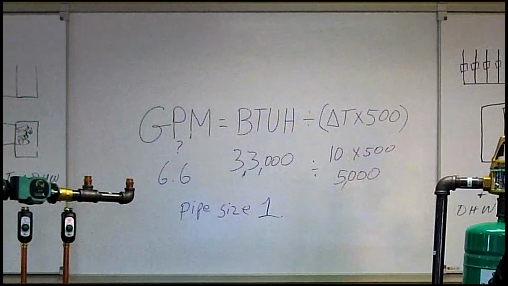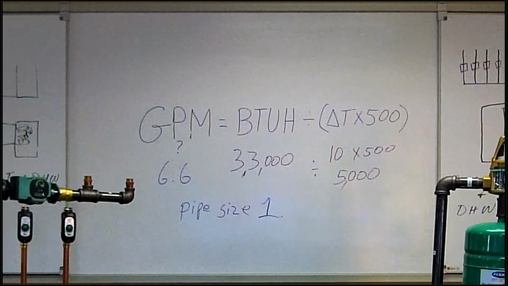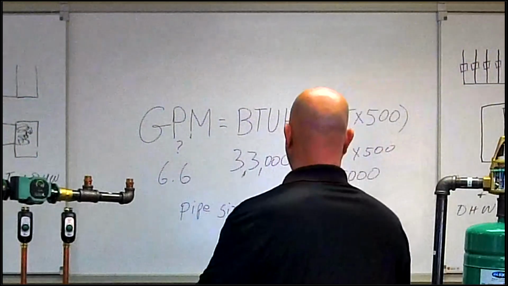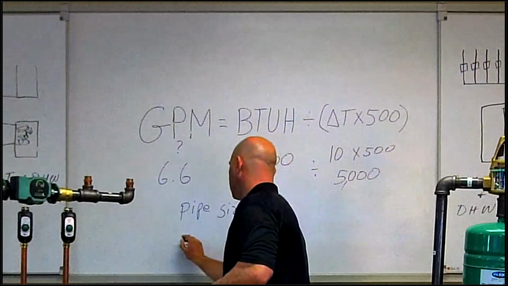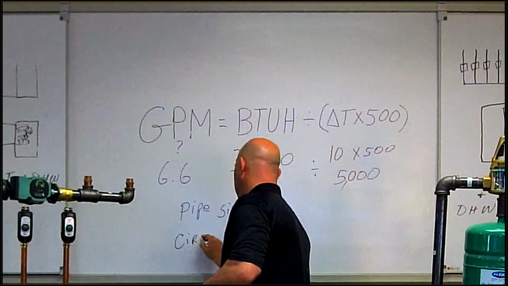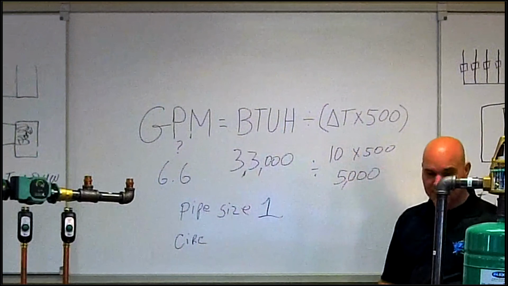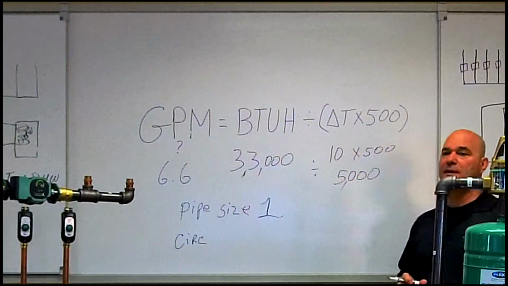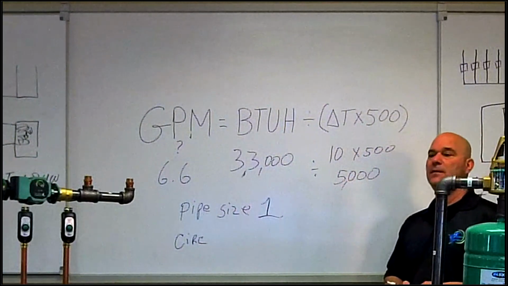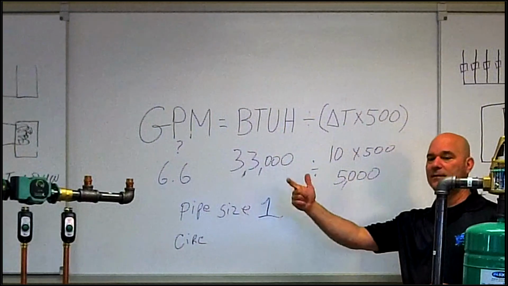How are we moving that water? What are we going to use to move that water? What do I need to size that circulator? We need two things. Blank and blank.